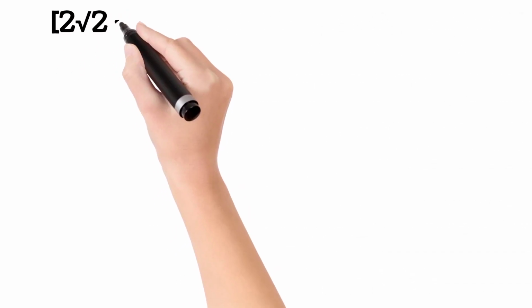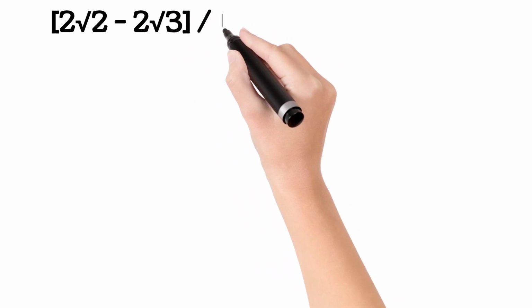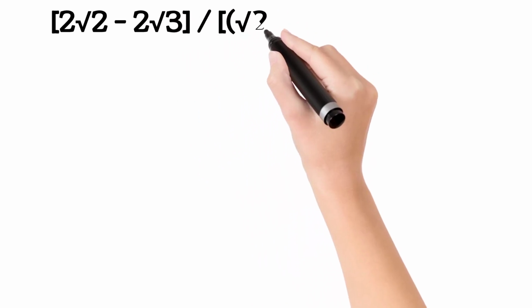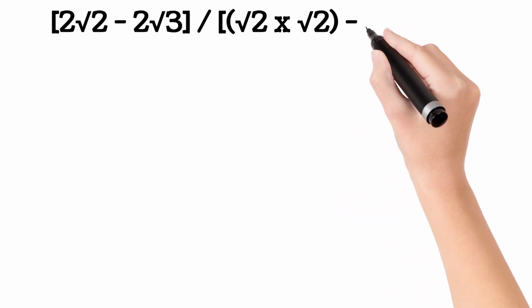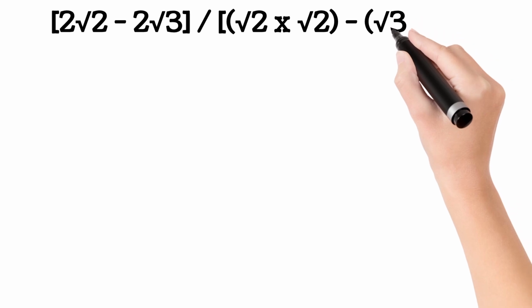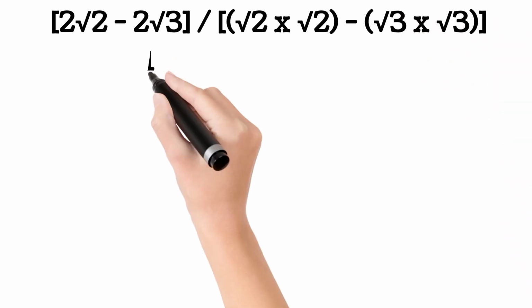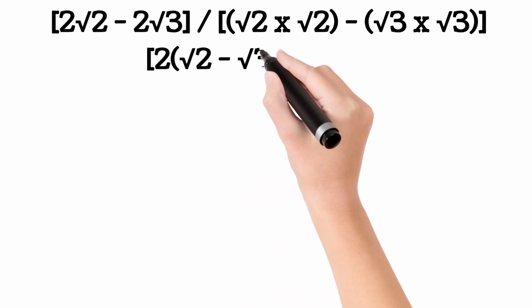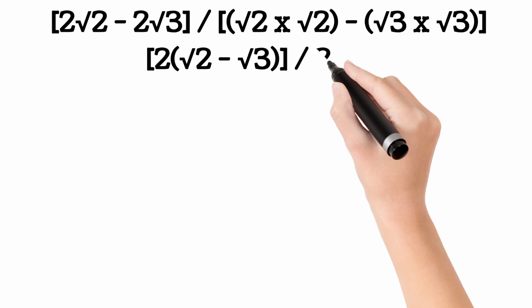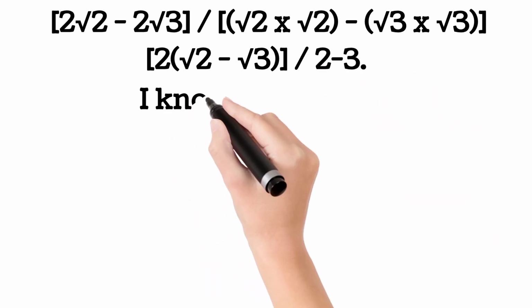That will give us 2 root 2 minus 2 root 3 divided by root 2 times root 2, minus root 3 times root 3. That will give us 2 root 2 minus 2 root 3 divided by 2 minus 3.